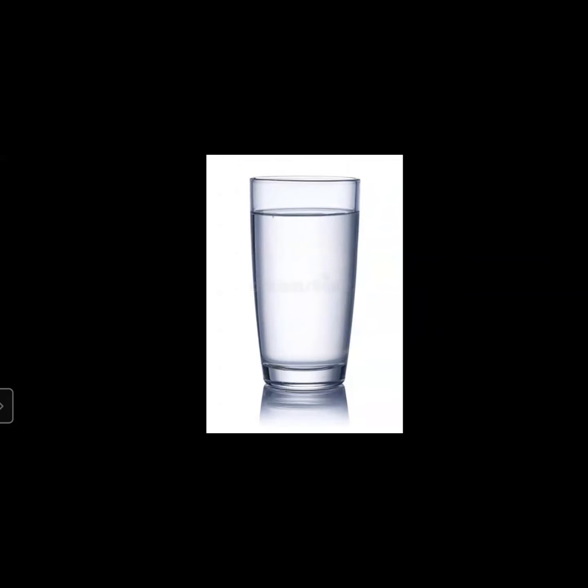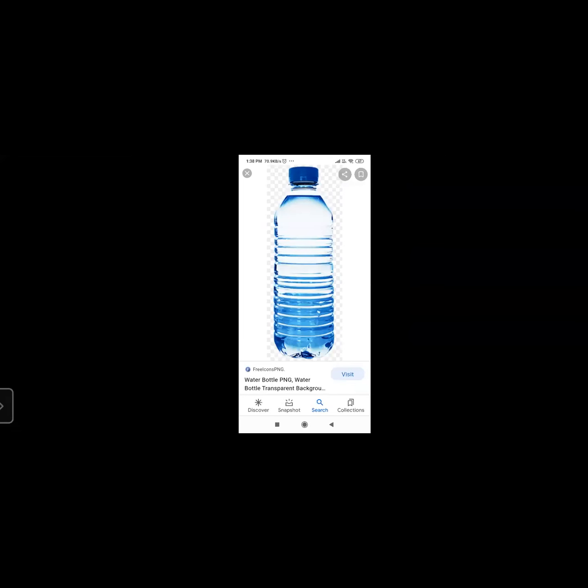Now, children, sometimes we also think about the water which we drink. It might be from the bottle or in a glass. Different kinds of images of water come to our mind, right?